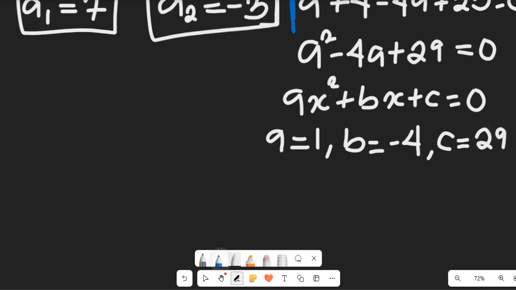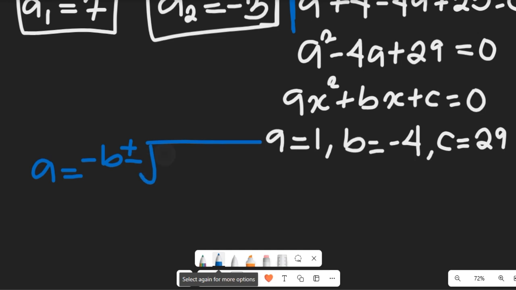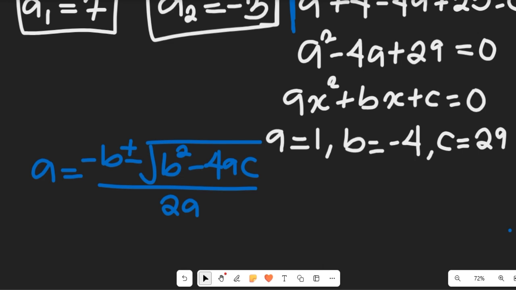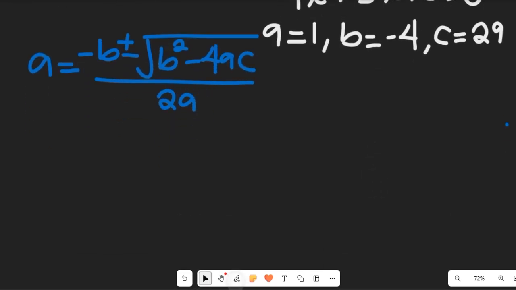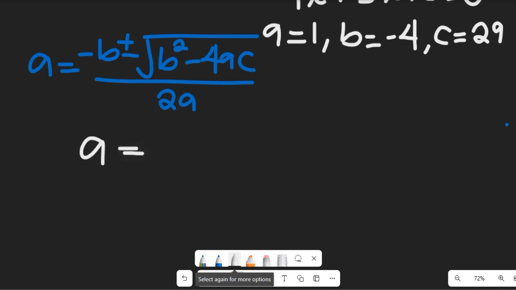So using the formula, I have the value of my a equal to -b plus or minus the square root of b squared minus 4ac, divided by 2 multiplied by a. Now, inserting the parameters above, we're going to have our a equal to negative multiplied by -4, right?